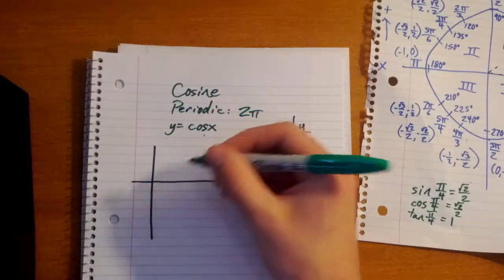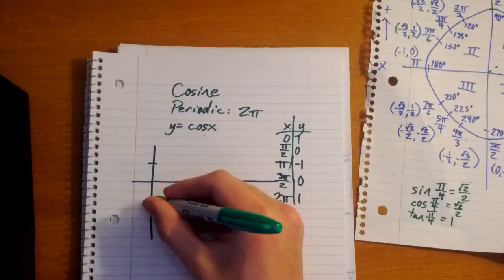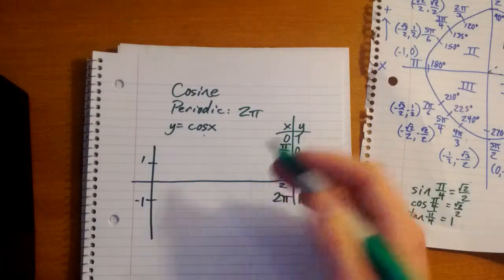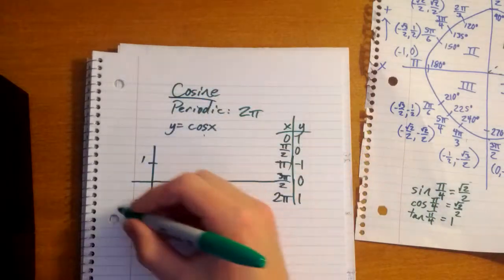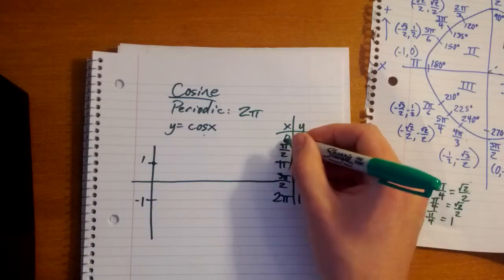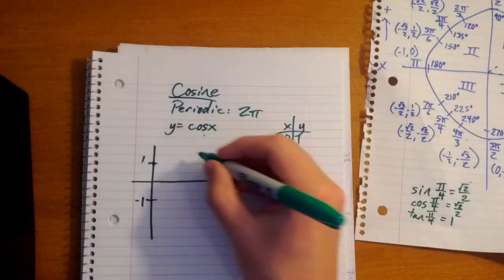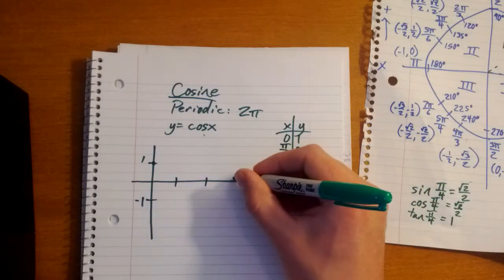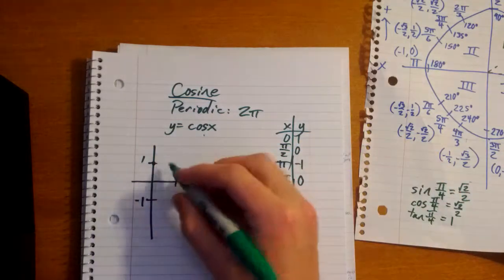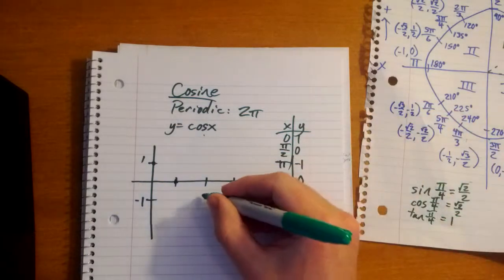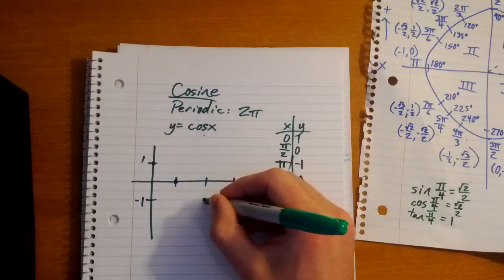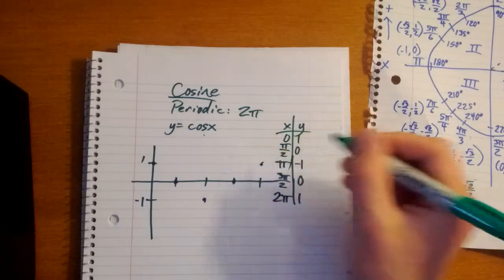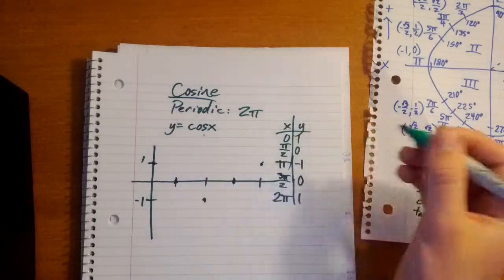We're just going to do one period of it, going from 1 to -1. Here's how it's different from sine. It starts at x is 0, y is 1. Then we go to pi over 2, pi, 3 pi over 2, 2 pi. Pi over 2 is 0, pi is -1, 3 pi over 2 is 0 again, and 2 pi is 1 again.